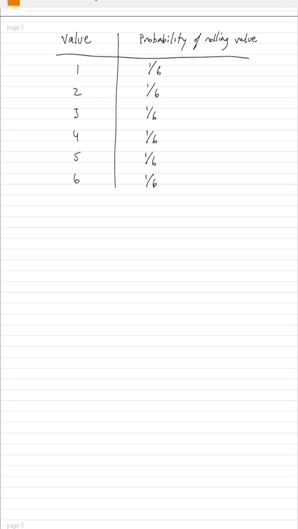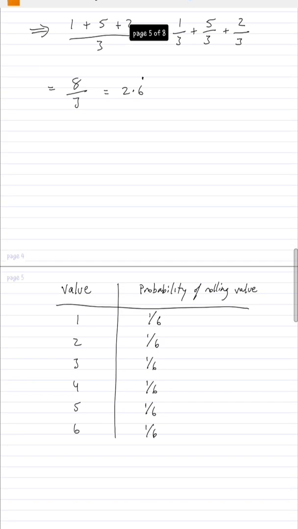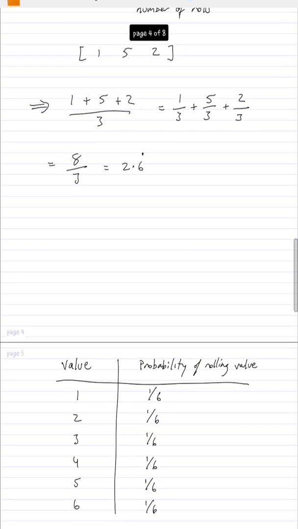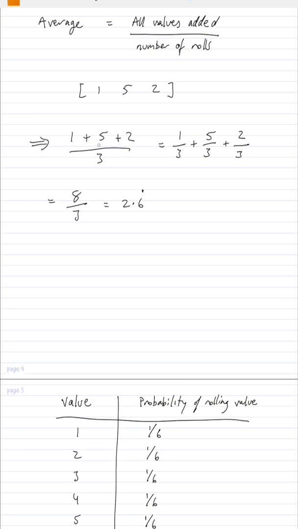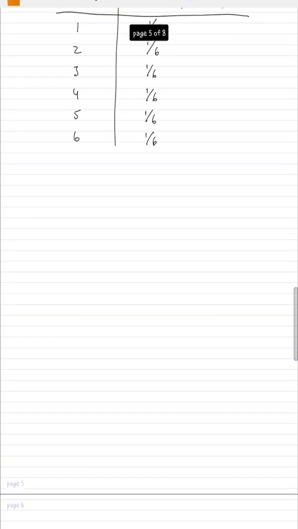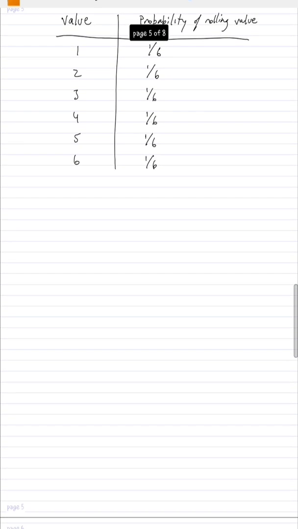So if we were going to find our expected outcome based on these chances, we're going to use the form that we've used before. And go 1 over 6 plus 2 over 6 plus 3 over 6 plus 4 over 6 plus 5 over 6 plus 6 over 6.